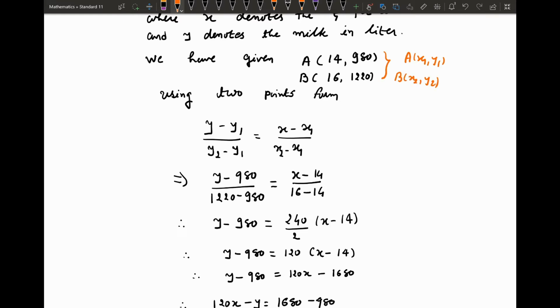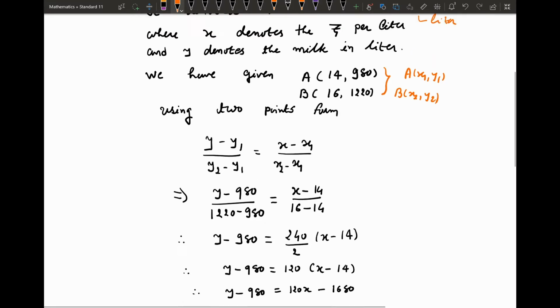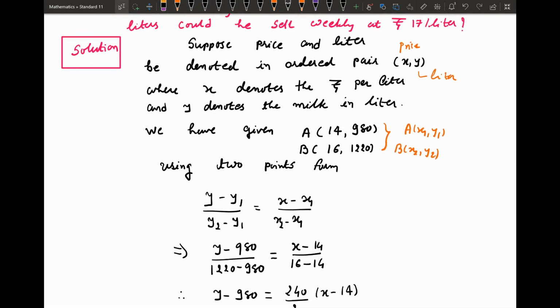We have taken the ordered pair with x as price and y as liters, so we have taken A (14, 980). Similarly B (16, 1220). So x coordinate indicates price, y coordinate indicates milk in liters.